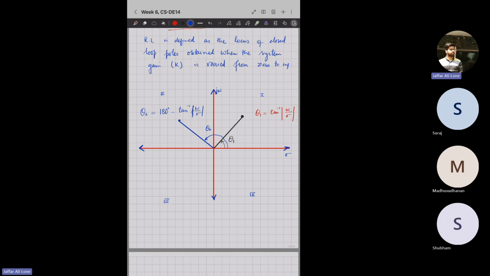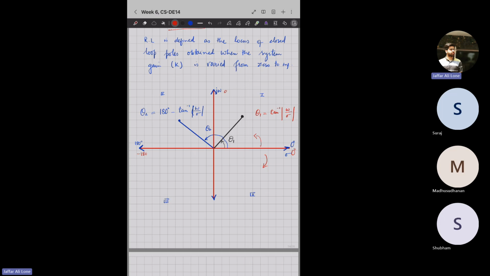Similarly, in the third quadrant, one more thing. This is 0 degree and this is 180 degree counterclockwise. If it is clockwise, this is 0 degree and this is minus 180 degree.